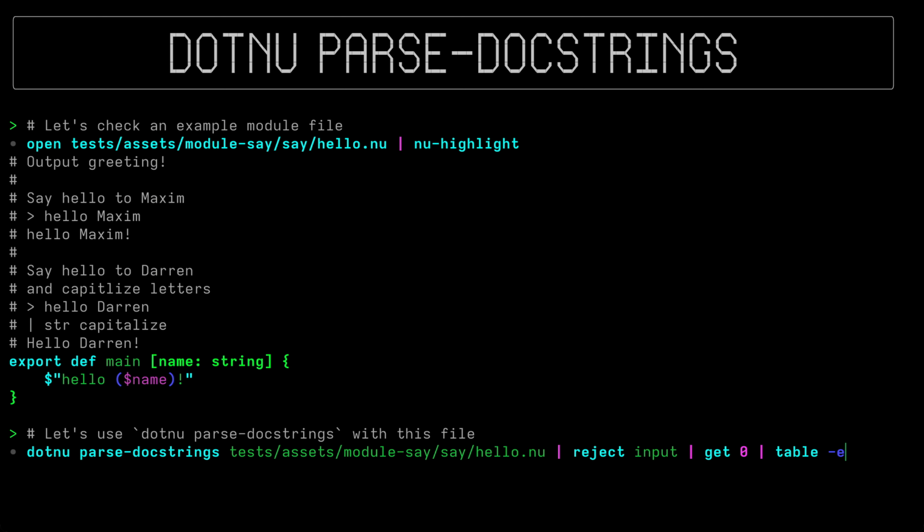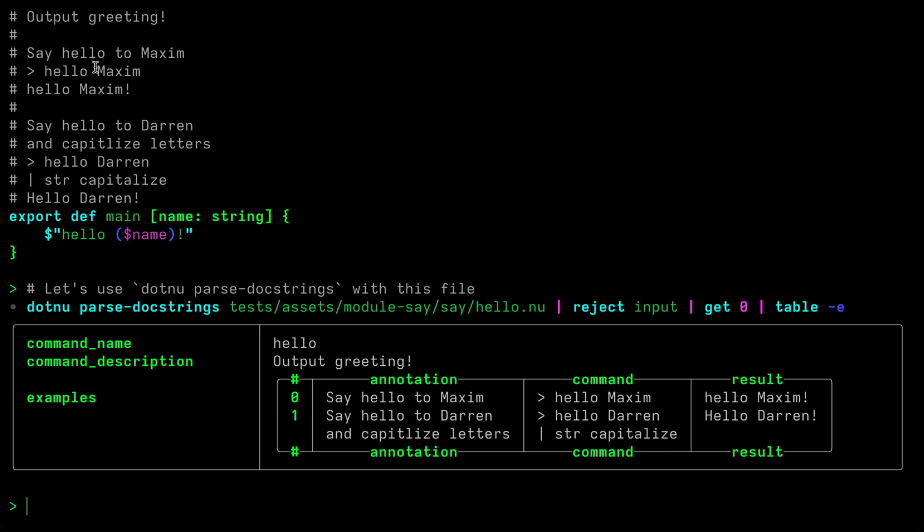So we can apply the command dotnu parse-docstrings to this file, and we can see that the first line, or the first lines if there are many of them, will be put into the field of command description, and examples will be parsed as a table with columns annotation, command, result.